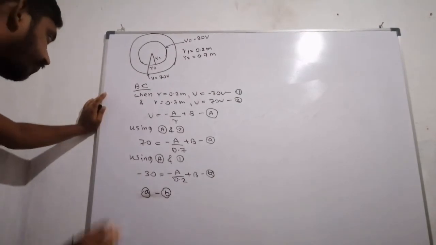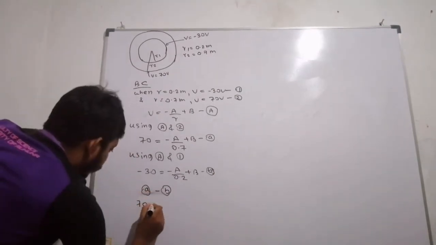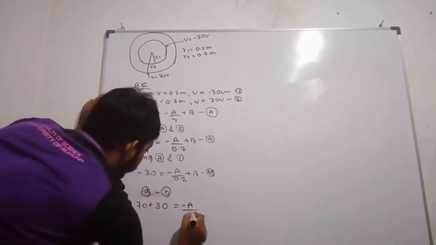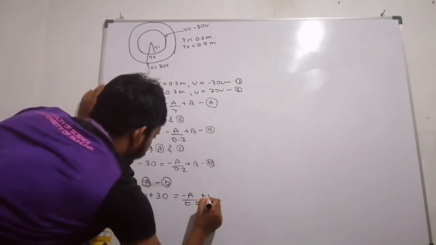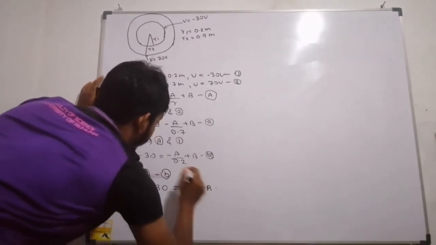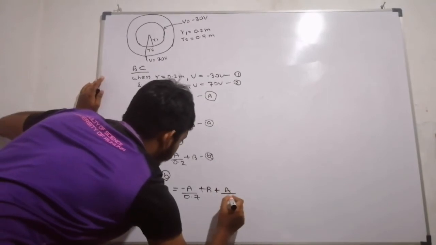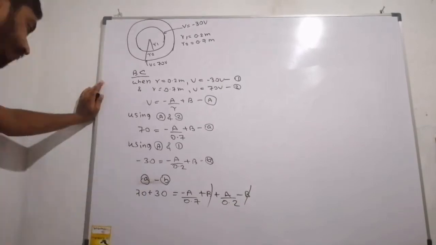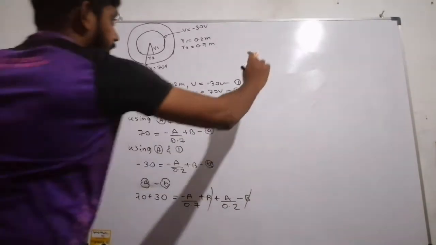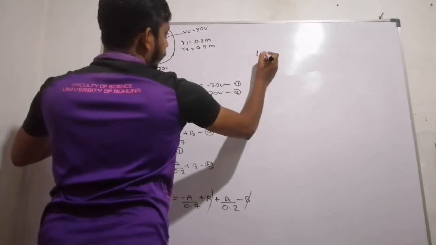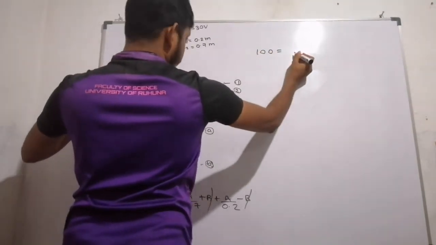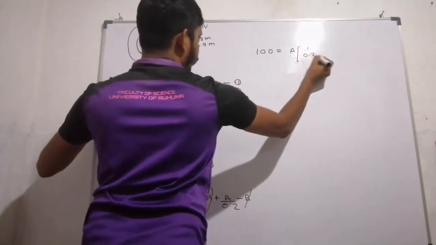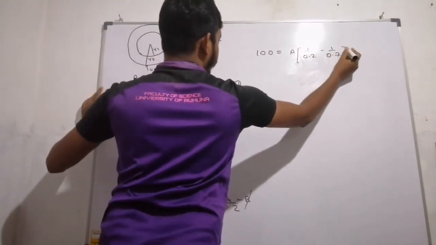It will give us 70 plus 30 equals minus A over 0.7 plus B, minus minus becomes plus A over 0.2 minus B. Here B cancels. Then let me write down here: 100 equals A times 1 over 0.2 minus 1 over 0.7.